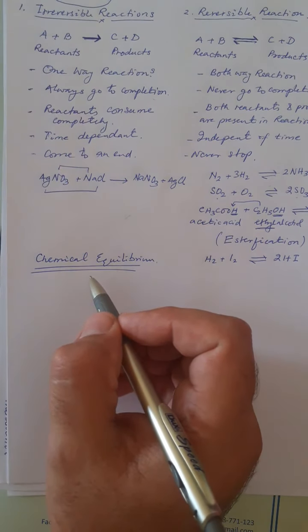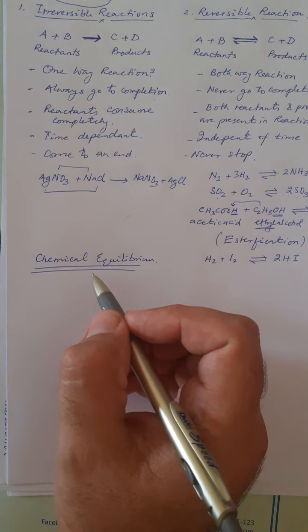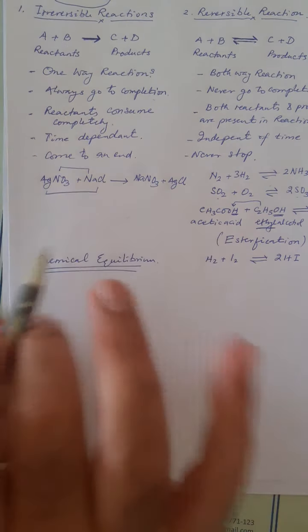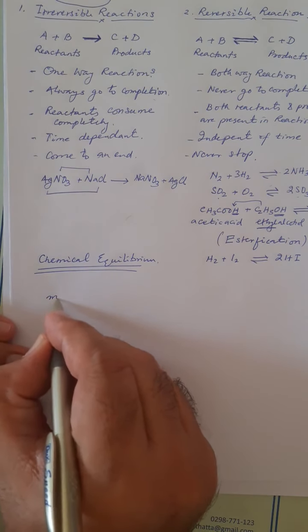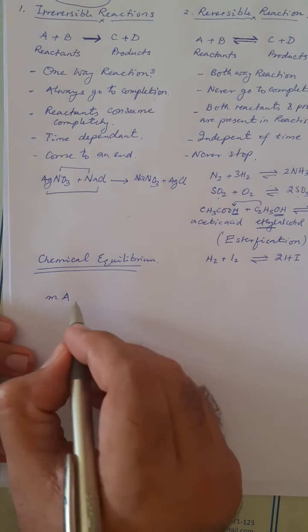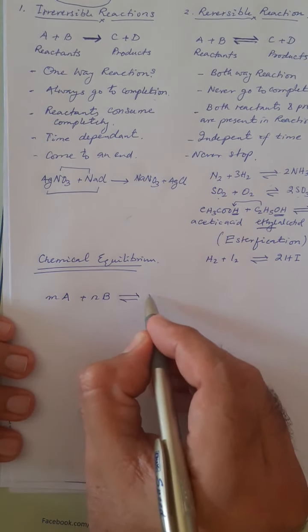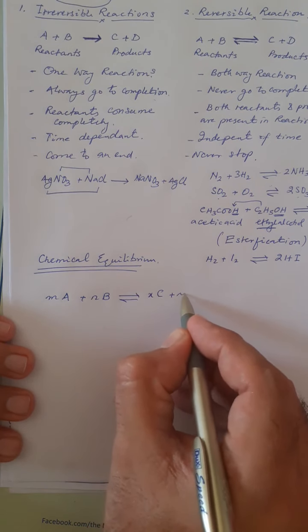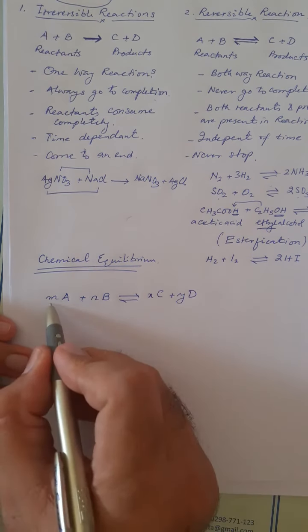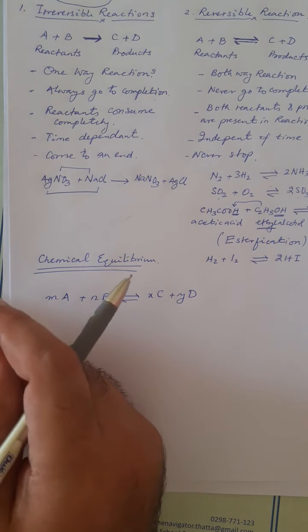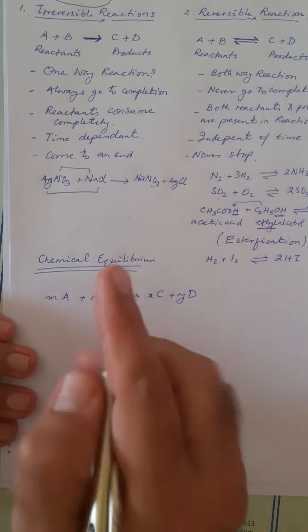So let us take an example of a reversible reaction. Just suppose we have M mole of A, it reacts with N mole of B, and it forms X mole of C and Y mole of D. Reactants, products. Let us suppose it's a homogeneous reaction.